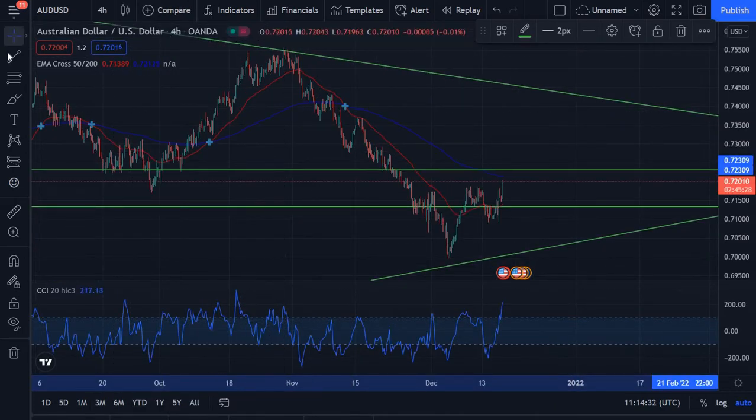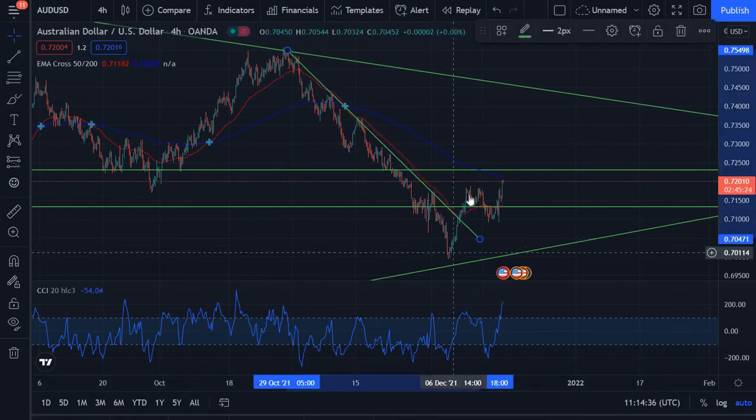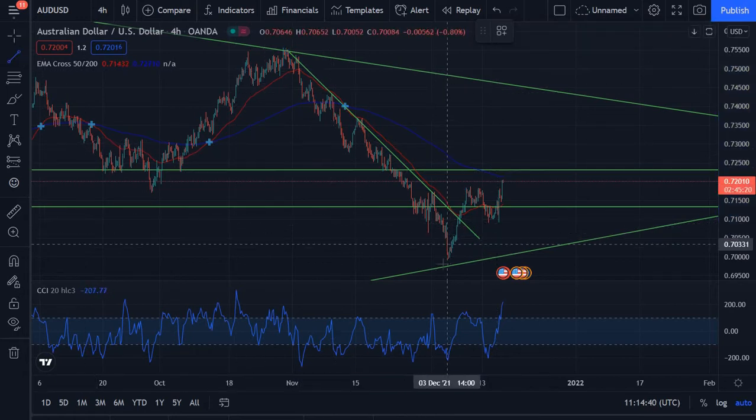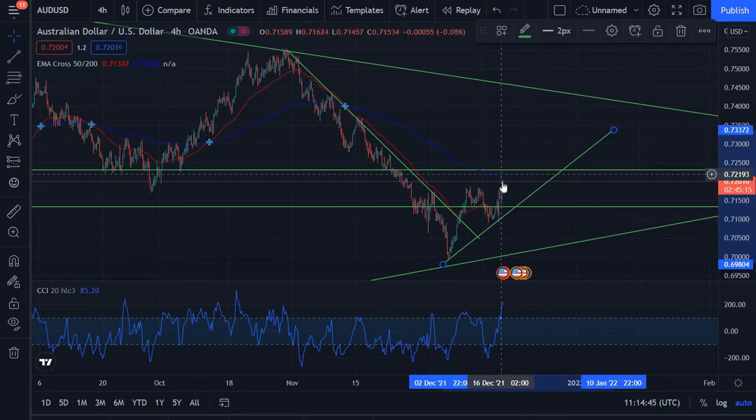Here on the 4-hour chart, we saw this downtrend that was broken with this bullish uptrend, and now we are here forming a bit of a smaller trend to the upside, which means here is the resistance zone at around the 200 EMA here on the 4-hour chart.